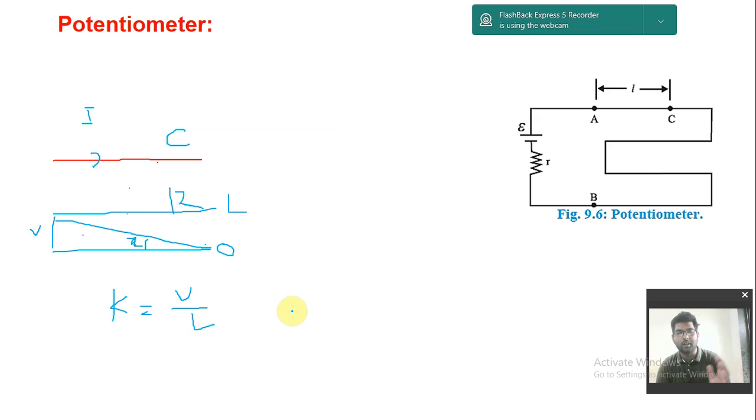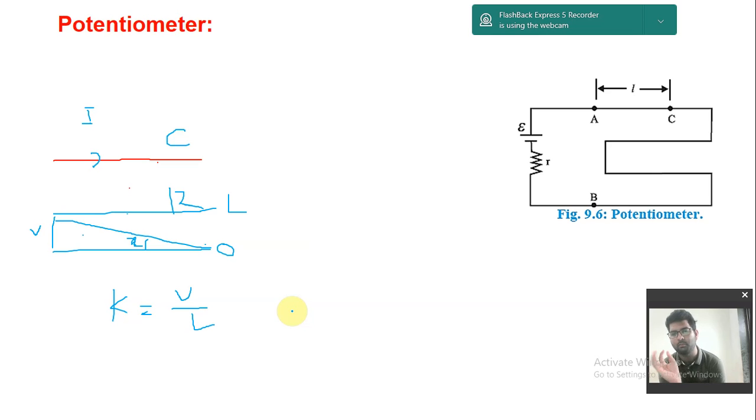Okay, so there is a gradual drop of potential, and a potential gradient is observed, and this gradient is called the potential gradient, and its value is V upon L, provided the cross section of the wire is the same. There are two kinds of wire. Conducting wire, there is no drop of potential.